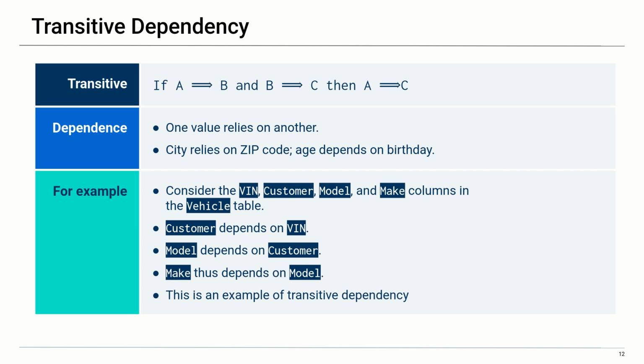So I could figure out that the VIN number points to Toyota because I knew it was a Prius. That's transitive dependence. The same pattern: A gives you B, B gives you C, so A gives you C. It's transitive, and it's dependence because you can use one value to find another value.